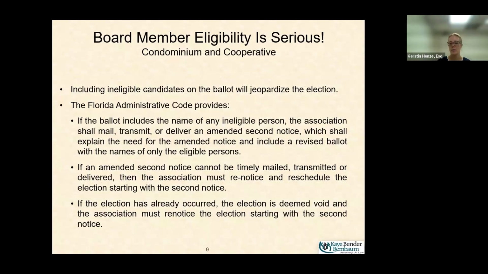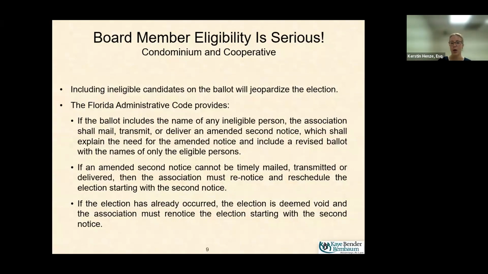Well, the Florida Administrative Code says that if something like that happens, then you have to send an amended second notice of your annual meeting, with an explanation as to why you need to resend the second notice with the amended ballot.